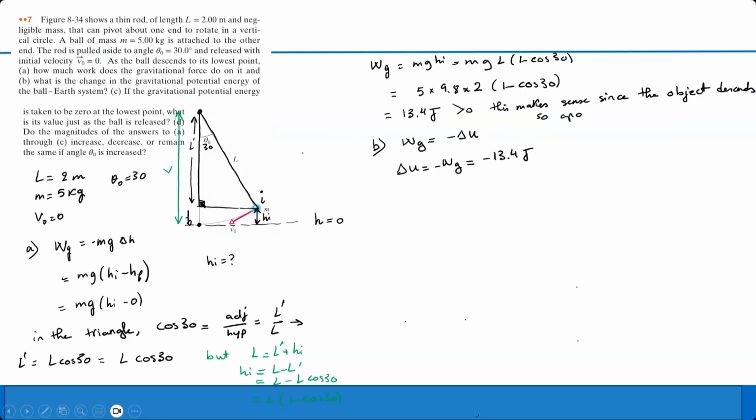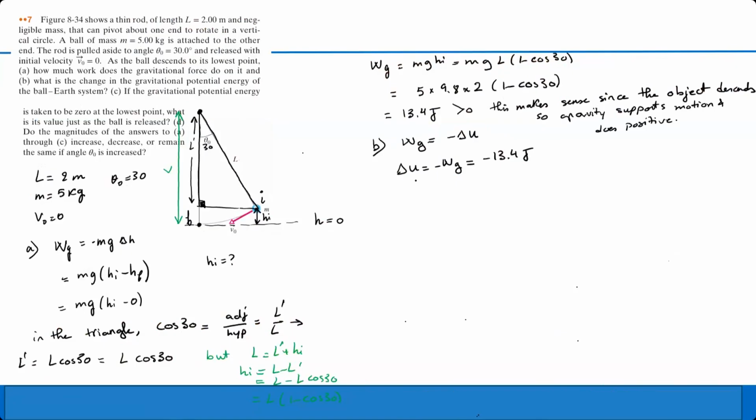Whenever you see an object descending, then gravity is supporting this kind of motion, and it will do positive work. Anything that is going upwards, gravity will do negative work on it. It will resist the motion.